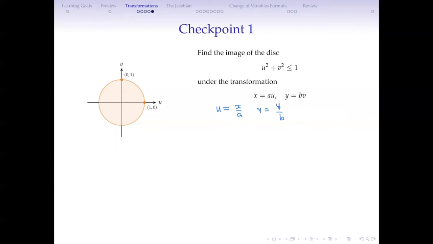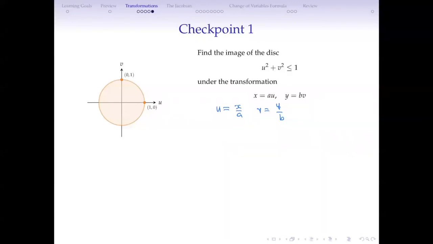So what region corresponds to u squared plus v squared less than or equal to 1? Well, you can re-express that region in terms of its image region in the x's and y's just by substituting these into the equation. So then my question is, what's the resulting figure? So take a couple of minutes and see if you can puzzle this out.